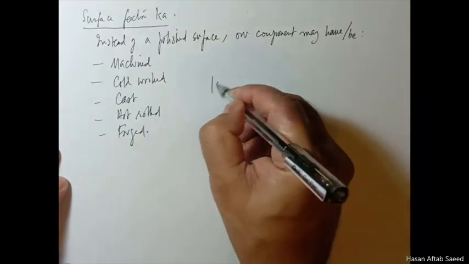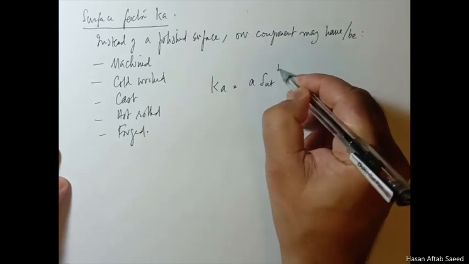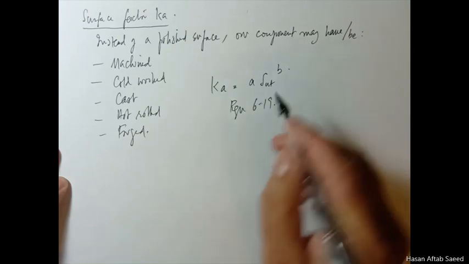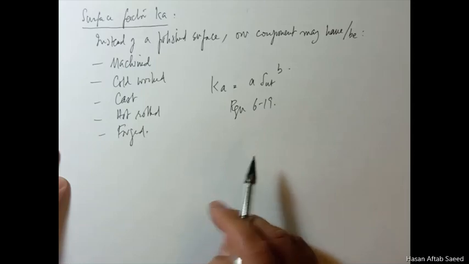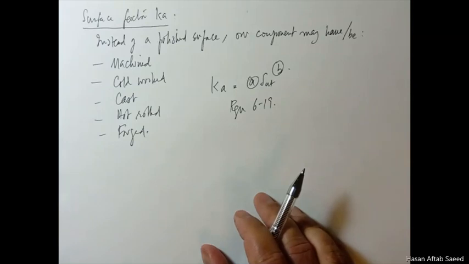So we have this equation and it is given in your textbook. It happens to be equation 6.19. Now the important thing to see here is that these a and b are different from the a and b constants that we had used for fatigue strength.